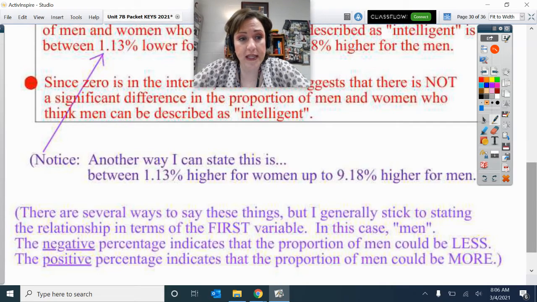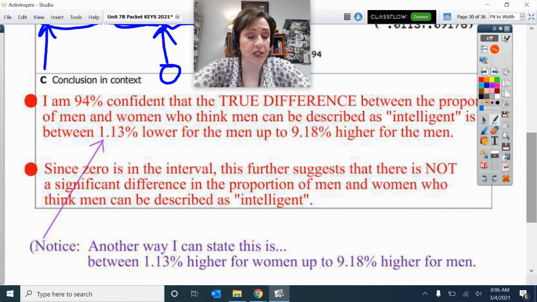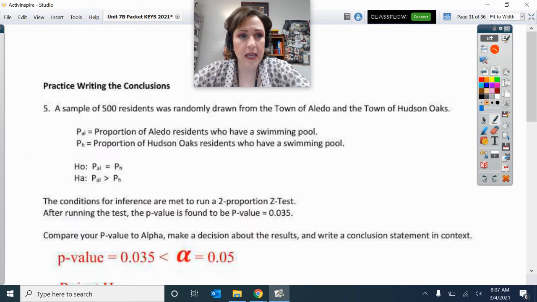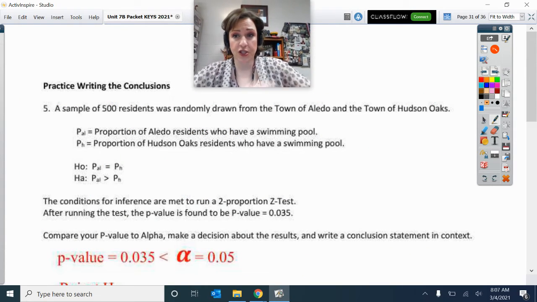Anyway, there are different ways you can do that. But again, it was important to note that 0 is in that interval. So this further suggests that there is not evidence of a significant difference in those opinions about the intelligence of men.